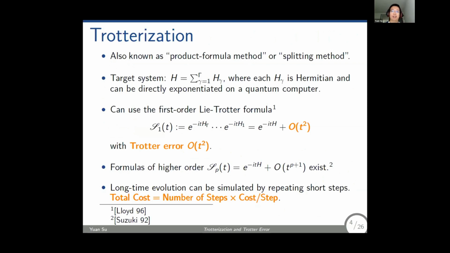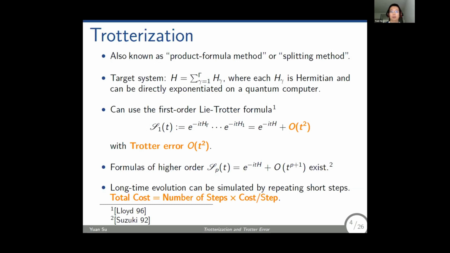In any case, the setting is as follows. You have a target system, and you assume that it's decomposed into a linear combination of terms. So you have H equal to the sum over gamma of H_gamma. And you assume that each term H_gamma is Hermitian, and you can directly exponentiate that on a quantum computer. So you can perform e to the minus itH_gamma.